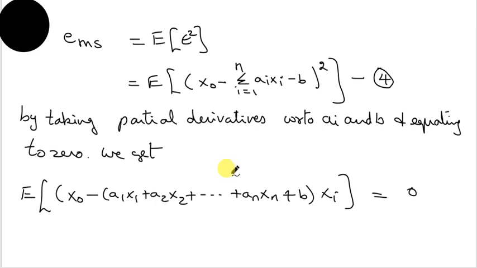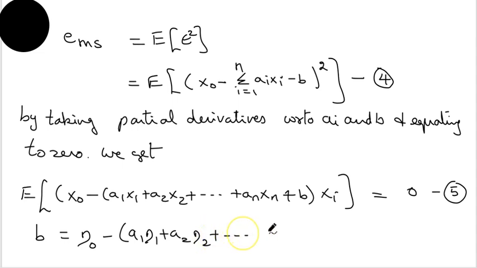Now please consider this. Let us take this as our equation number 5. We also have b given by eta naught minus a1 eta 1, a2 eta 2, etc., an eta n, leading to our equation number 6.